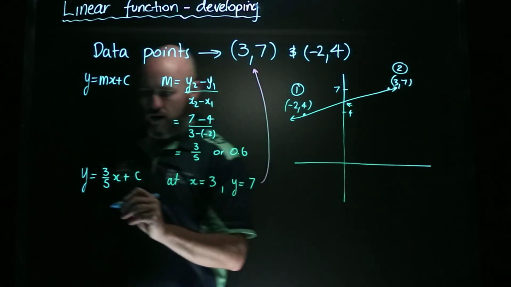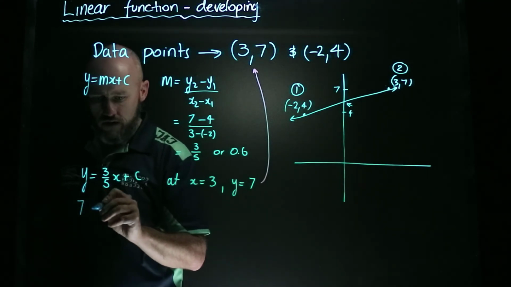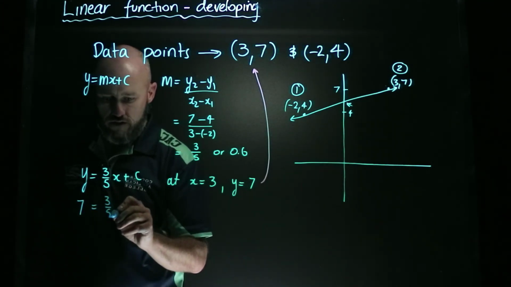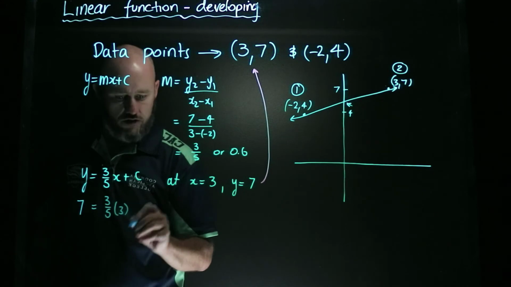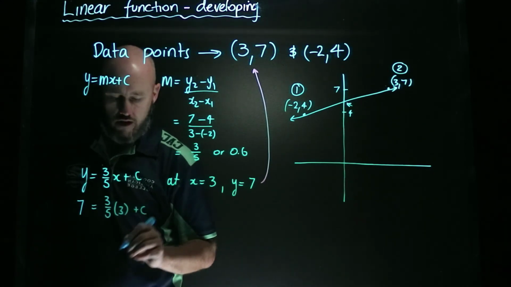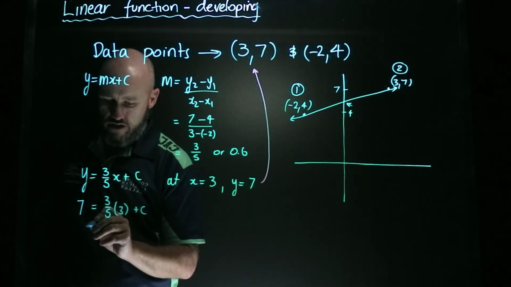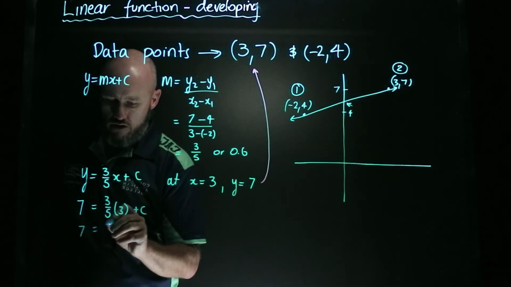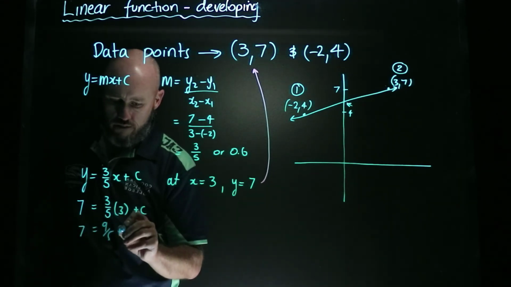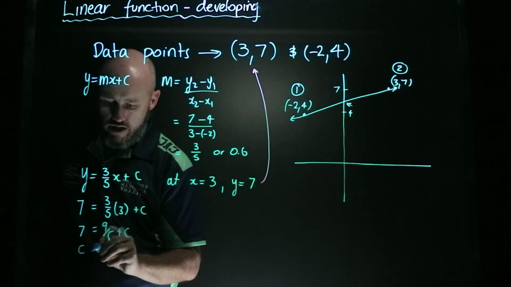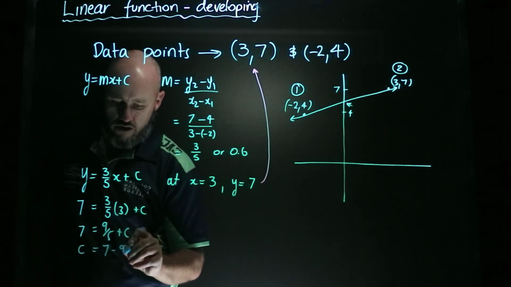So let's use it. I get 7 instead of y is equal to 3/5 times 3 instead of x. I'm just substituting, plus c. And so therefore, 7 equals 9/5 plus c, and c is equal to 7 minus 9/5.